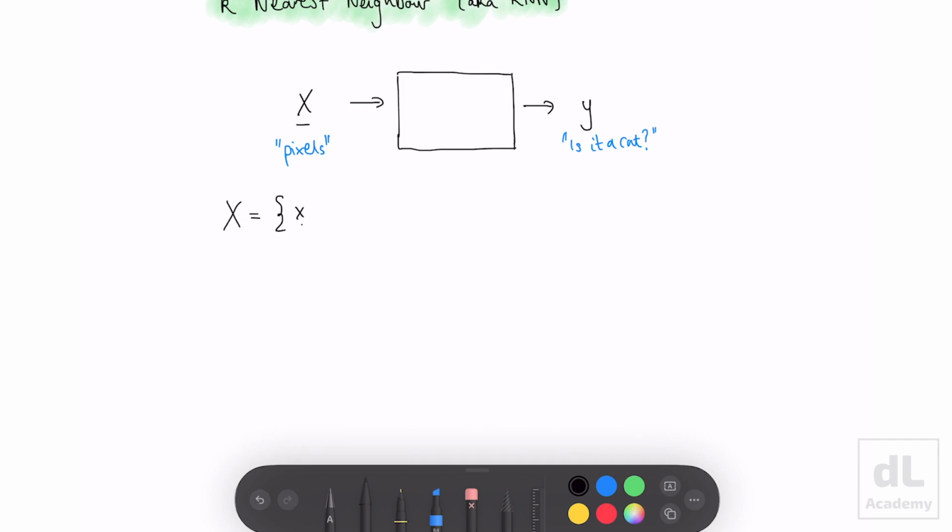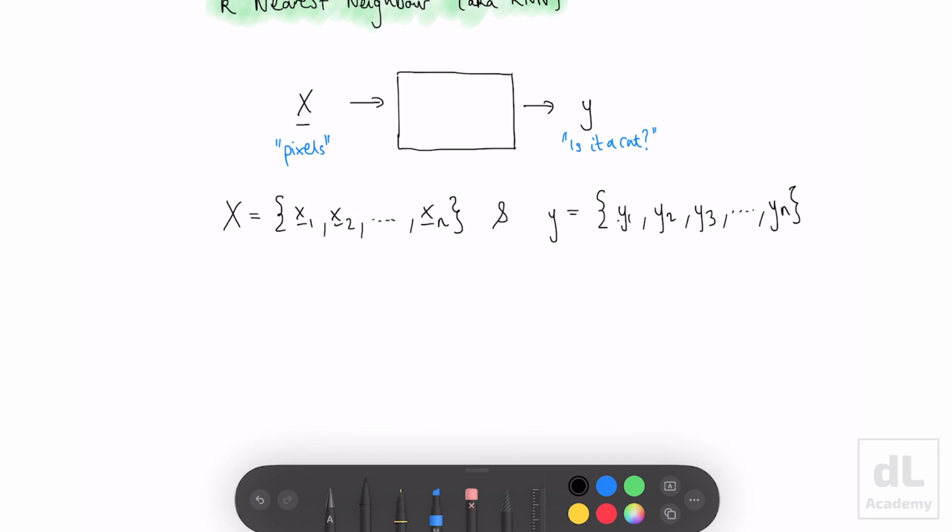So this would be X1, X2, all the way up to Xn. And associated with each of these inputs, there would be labels or target values which correspond to each of those inputs. So this is Y1, Y2, Y3.